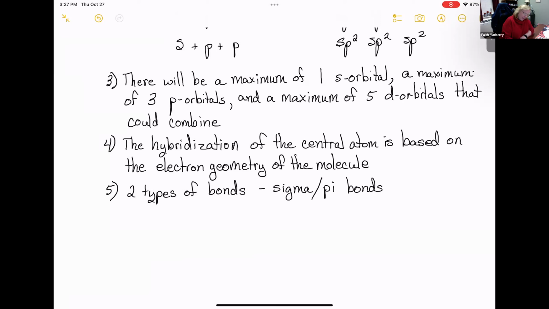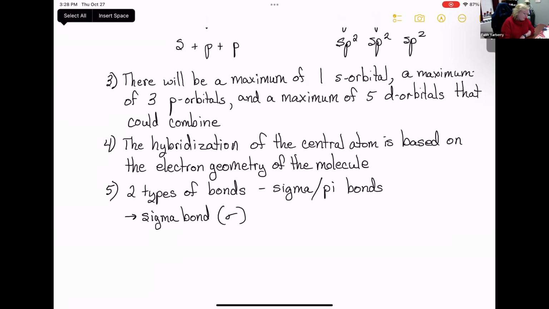A sigma bond, and I'm sorry to say I'm not very good at writing the sigma, so mine looks like a sideways 6 because it's a lowercase sigma.